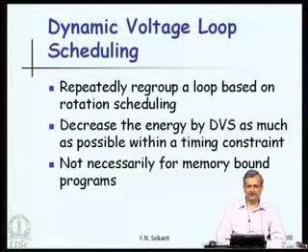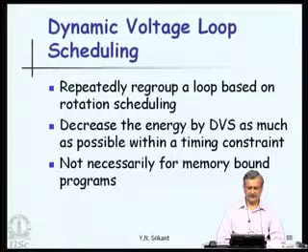The previous technique assumed that the programs are memory bound, that is the CPU is waiting for a memory operation and therefore has very little to do, and during this time we reduce the frequency and voltage of the CPU. Suppose that was not so, the program was not necessarily memory bound.